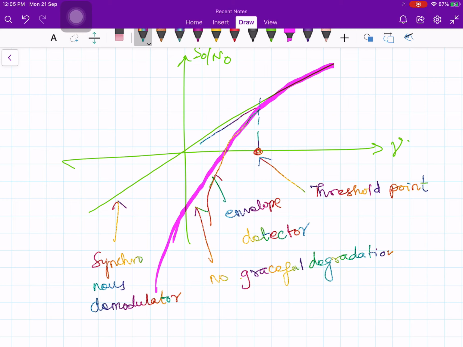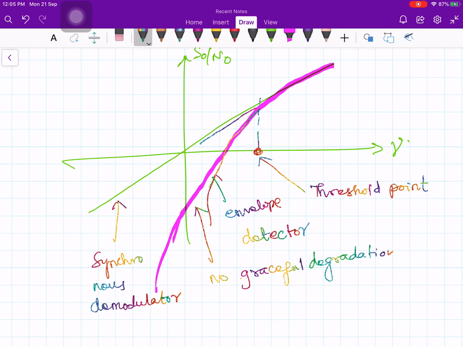As the input is reduced up to the threshold point, and when the input SNR falls below the threshold point, you will find that the output SNR degrades much more rapidly. It is shown in the violet color.